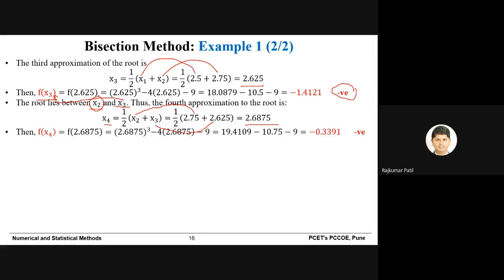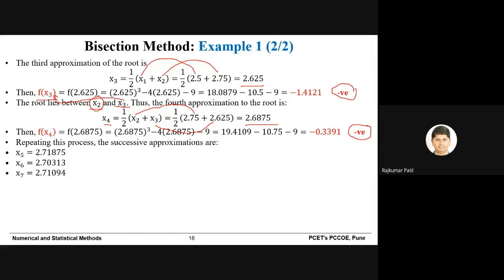Again, calculate f of x4, so you will get a negative value. So check for which value of x you previously got a positive value for the function, and you can say the root lies between these two, and repeat this process again and again. You can calculate x5, x6, x7, x8, x9.